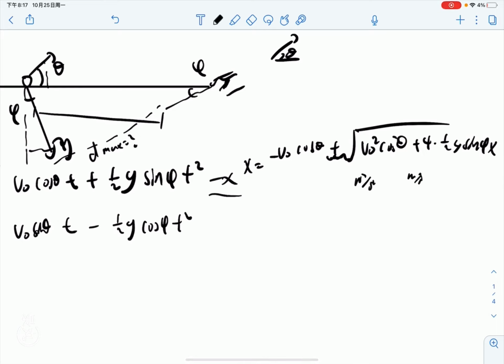Actually yes, that's correct, and divide by 2a, which is g sine phi.